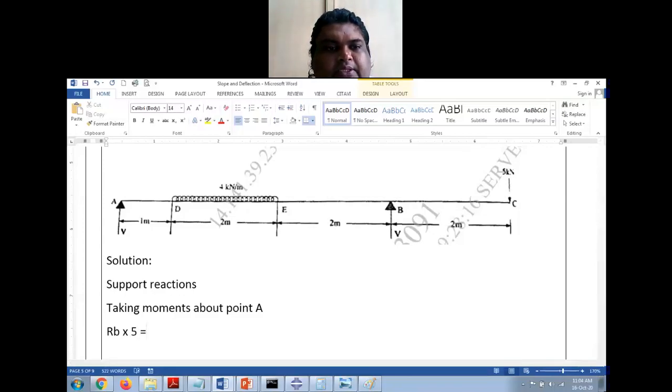So I will take it on the other side and write it as positive. 5 kilonewton, that is at this point C, into length AC. So AC is 5 plus 2, is 7, right? Plus the intensity of UDL is 4, so 4 into this length, which is 2 meters.